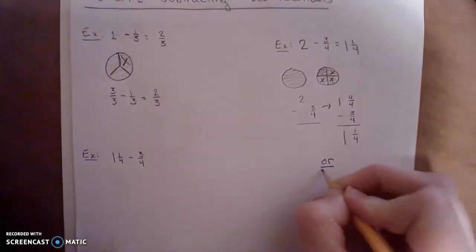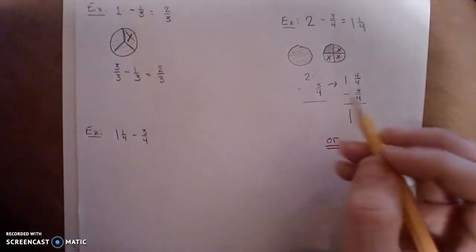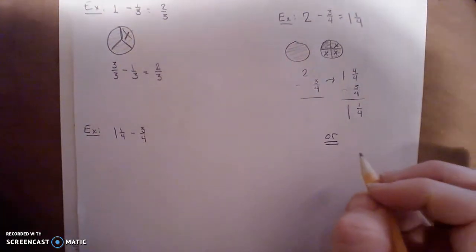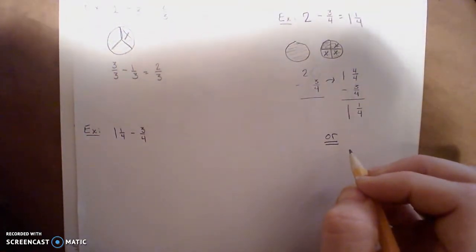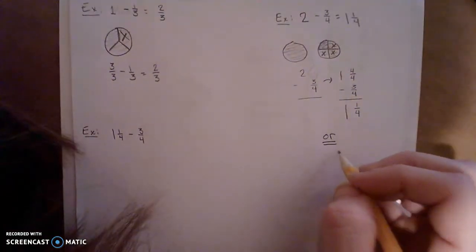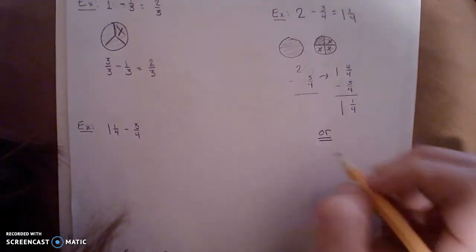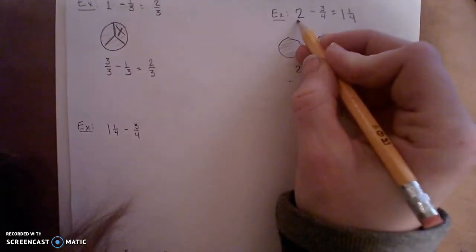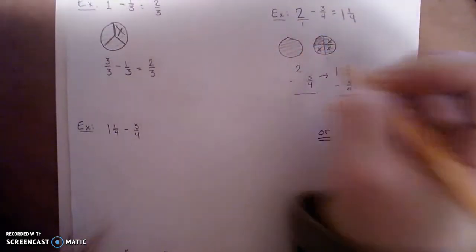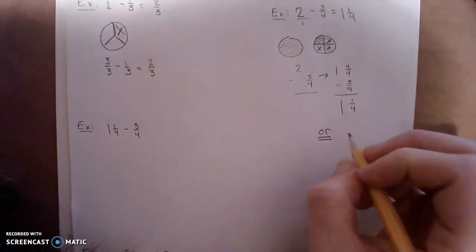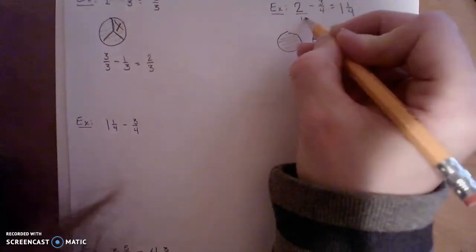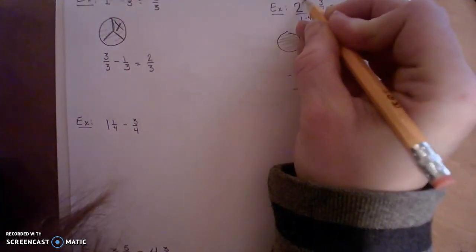Or if you like, you could also convert the number 2 into a fraction with denominator 4. 2 is the same as 2 over 1, right? So if I convert that to a fraction with denominator 4, I'd have to multiply this by 4, multiply that by 4.